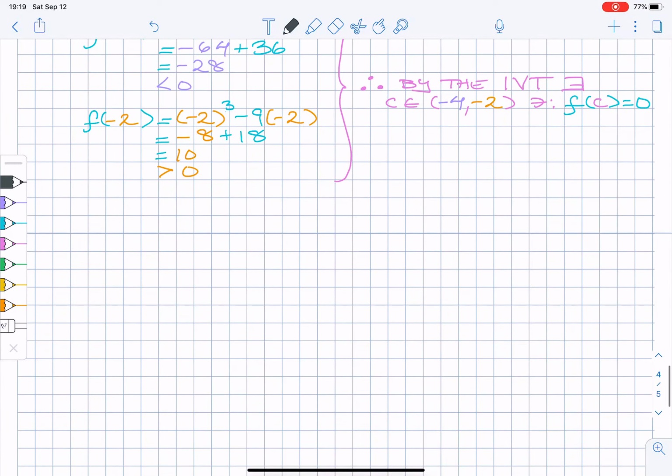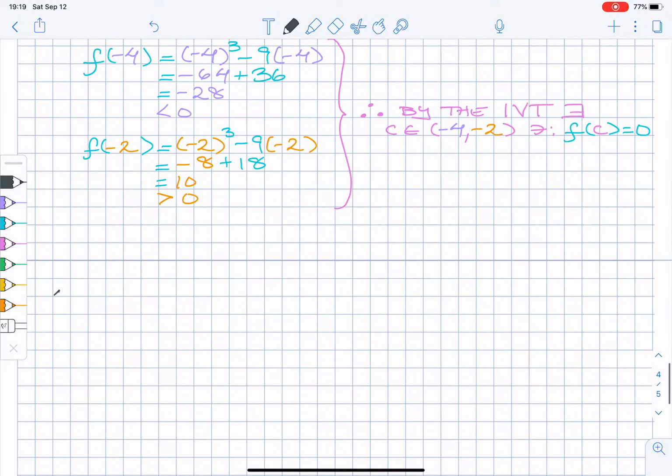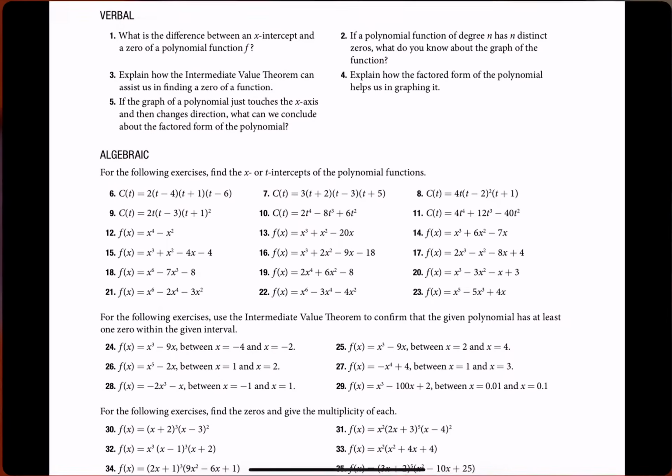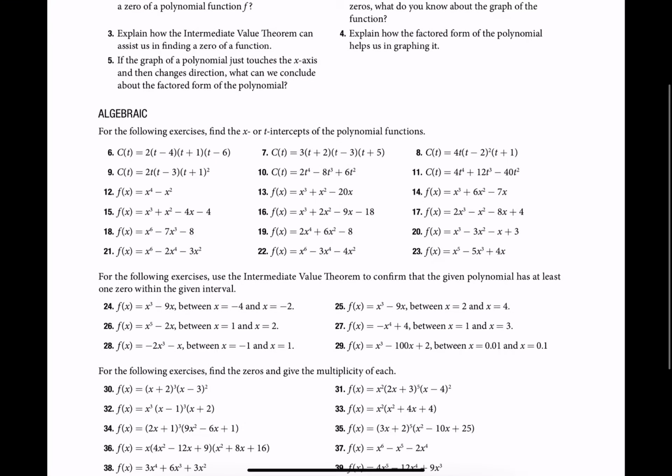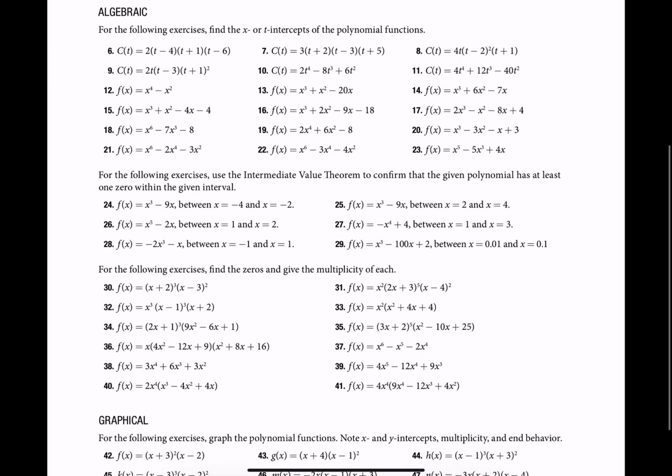Okay, so number 2. Okay, let's see, what shall we do? Let's do x to the 5th minus 2x between 1 and 2.